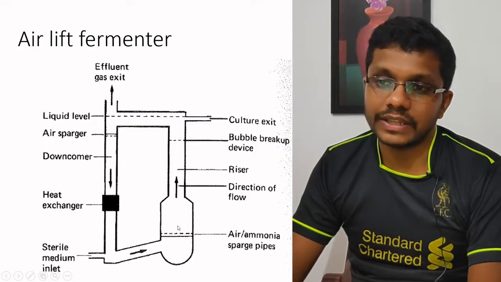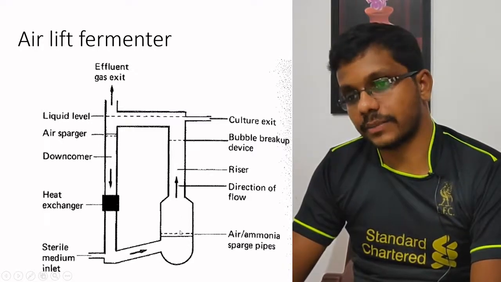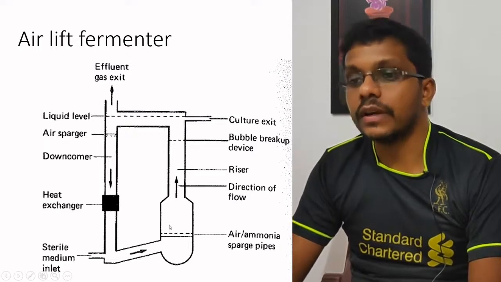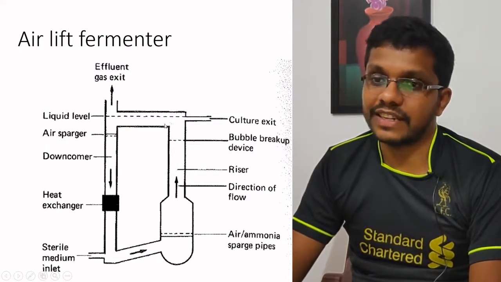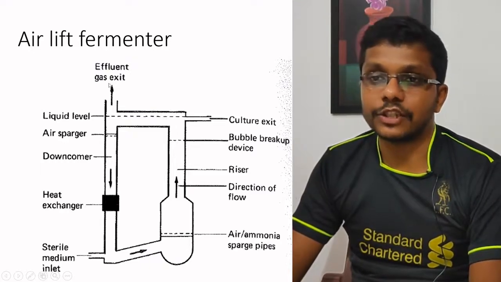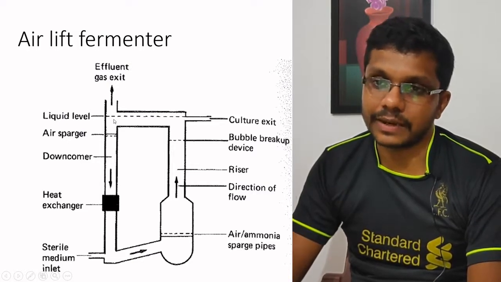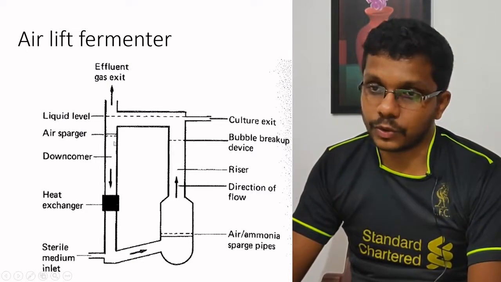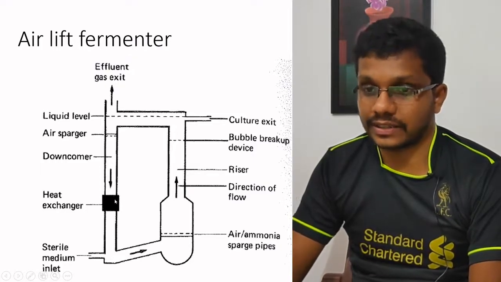What the air is doing is that it will reduce the density of the medium, and as more air is introduced into the medium, the medium will go up, and when it reaches here, the air will be released to the outside, and the density will become higher, so it will flow in this direction. Here we have a heat exchanger to control the temperature.